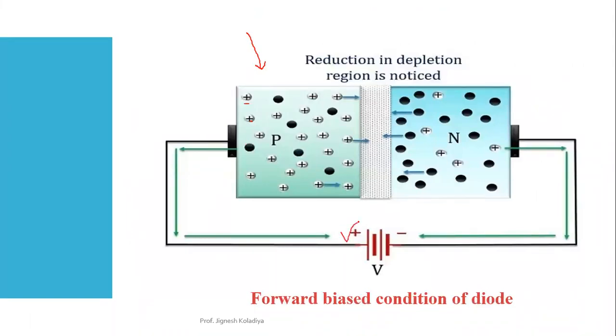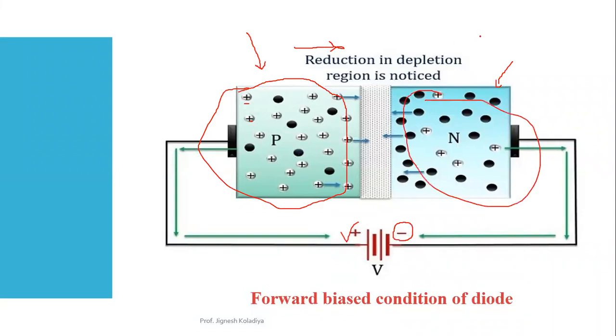So positive charge over here and positive polarity both repel each other, so all these holes move in this direction. Similarly, on the n-type region, the electrons have negative charge, so all the electrons are pushed away in this direction.